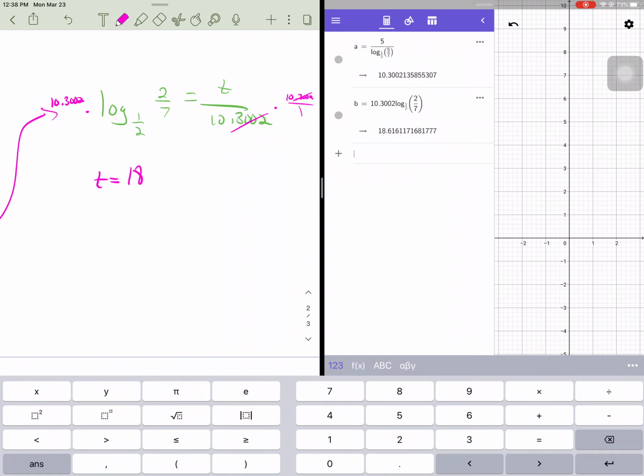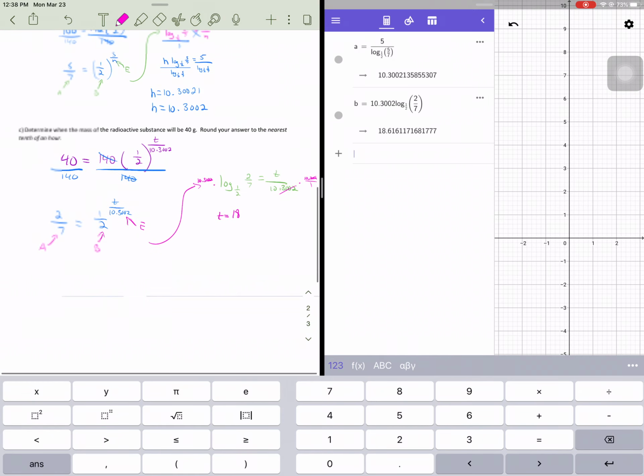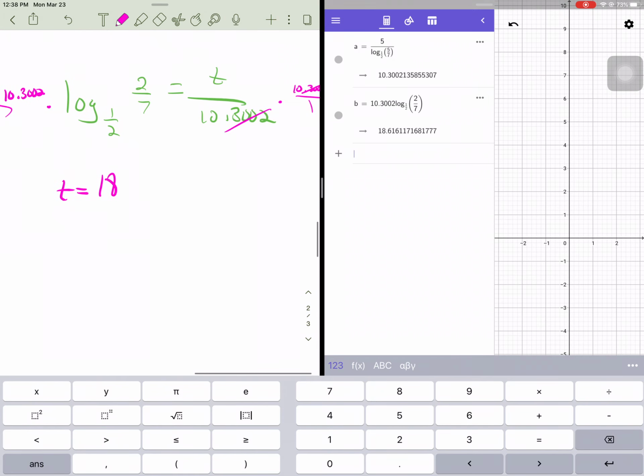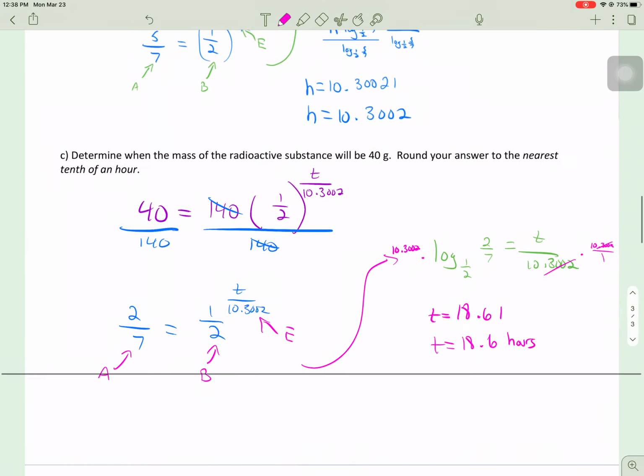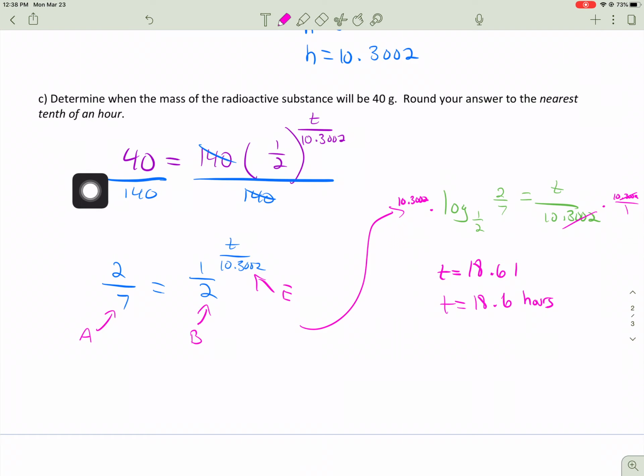And we get 18, what does it say round to? The nearest tenth of an hour. t is hours, that's correct, it's not years. 18.61, which means 18.6 hours. It will take 18.6 hours to get down to 40 grams.